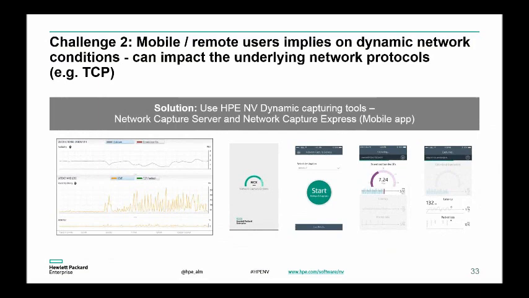This tool lets you record your real production network conditions from server to the endpoints, assuming they are remote. The output of this tool is a recorded file that can be used in testing tools such as LoadRunner and PC. The second tool, which is in the screenshots on the right side, is very similar but for mobile.